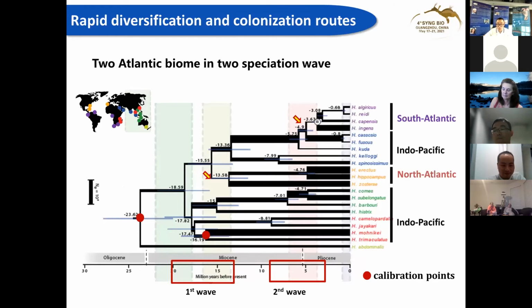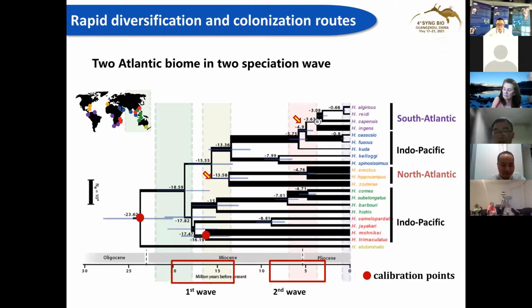So we tried to get a phylogenetic tree and the divergence times based on calibration points, including some seahorse fossil information.